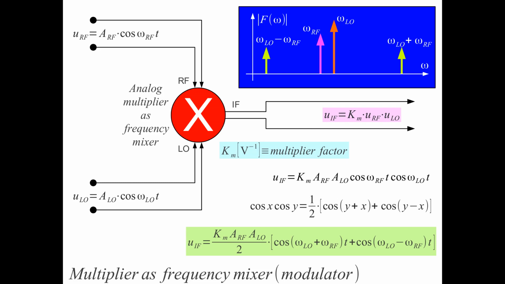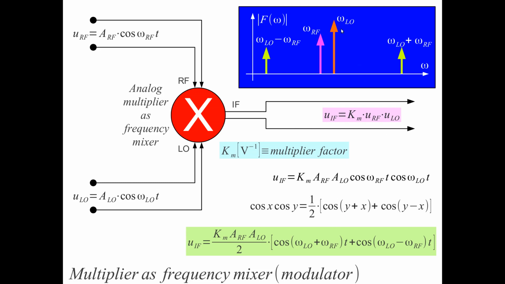So in this fashion, we actually obtain the sum of the two frequencies and the difference of the two frequencies. So this circuit is producing the sum of the frequencies and the difference of the frequencies.